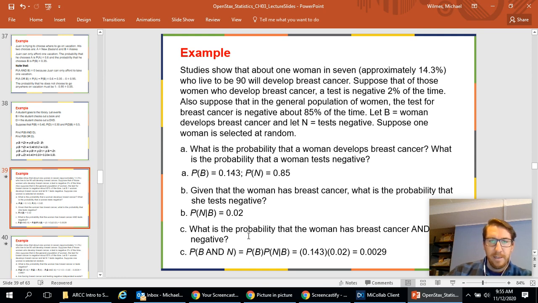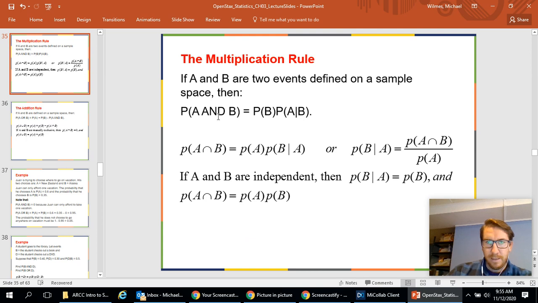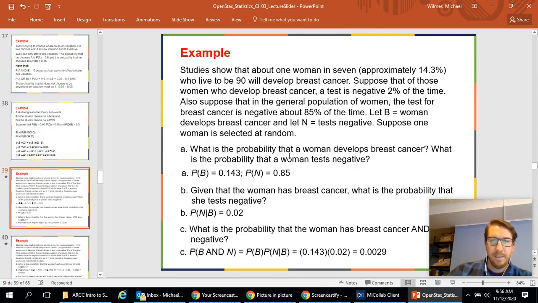To do that, we go back to our formulas. Right here, we can see the probability of A and B is the probability of A multiplied by the probability of B given A occurred. So we're going to use that down here. The probability of B, so the probability of cancer, we're going to multiply by the probability of a negative test given we have cancer.